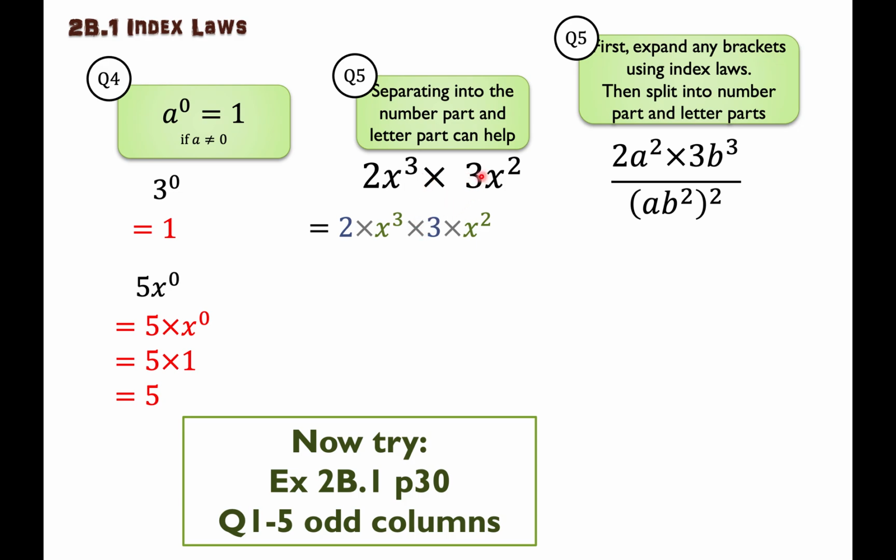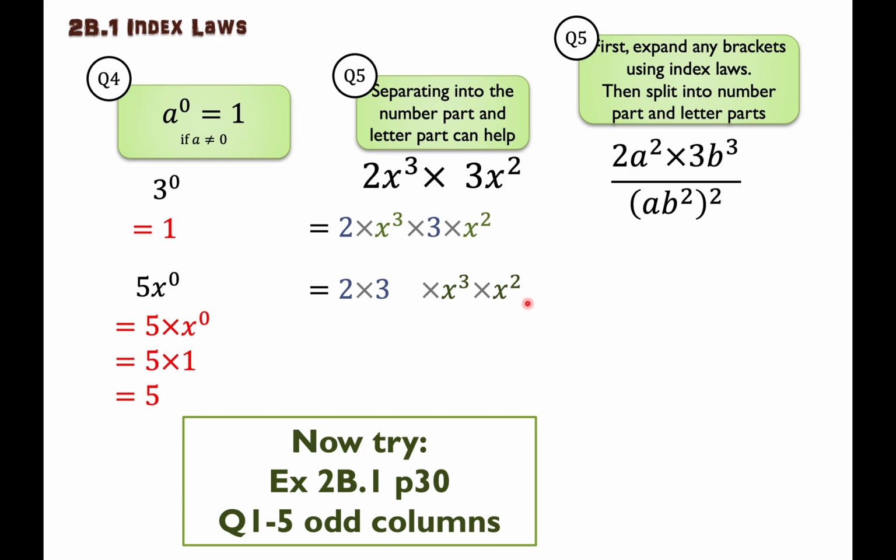There's an invisible times sign between the 3 and the x, between a digit and a letter, so that can go down there as well. And you can see what I mean about separating into the number part. I've got the number 2 and the number 3, so let's put them first. And now we've got the letter part, x cubed and x squared. So let's put them together.